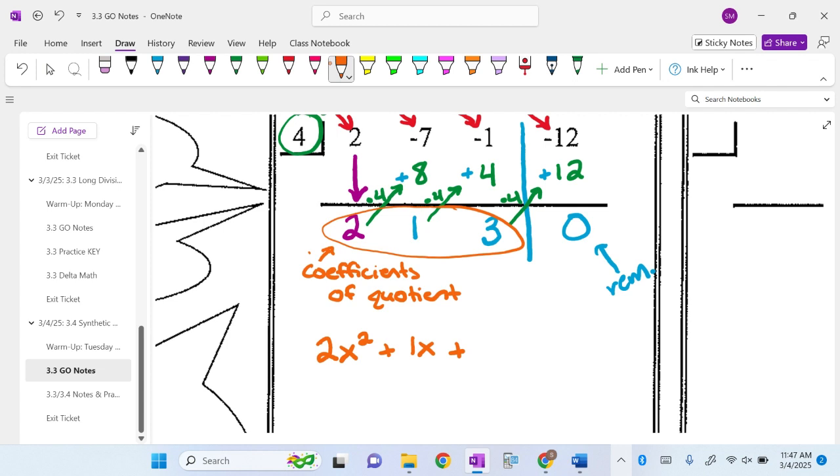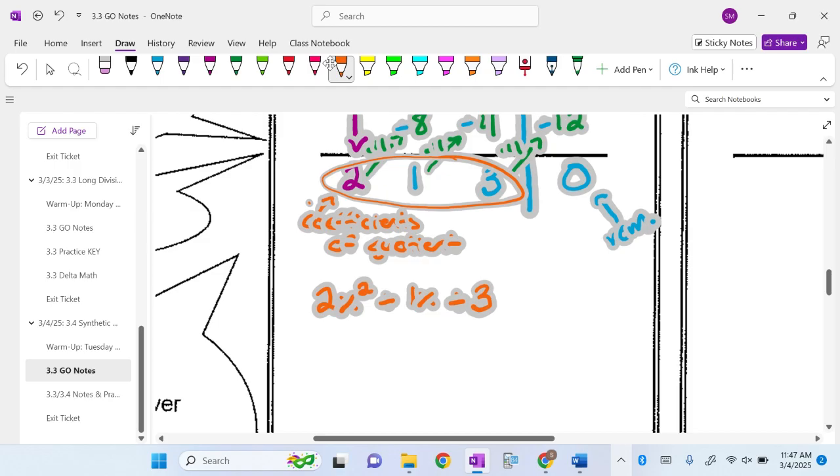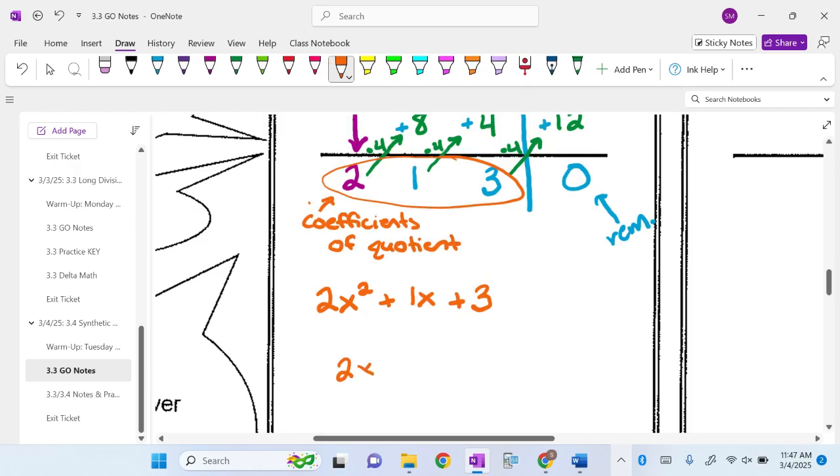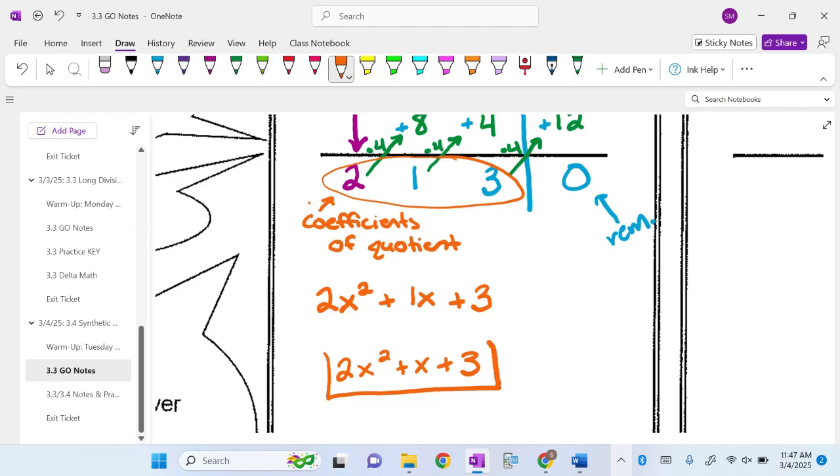So we have x squared, x. What would typically come next? Does it have a variable? No, it's just a constant 3. And since we don't have a remainder, we don't have to worry about it. So your answer, if you want to take away the 1, is 2x squared plus x plus 3. And we're done.